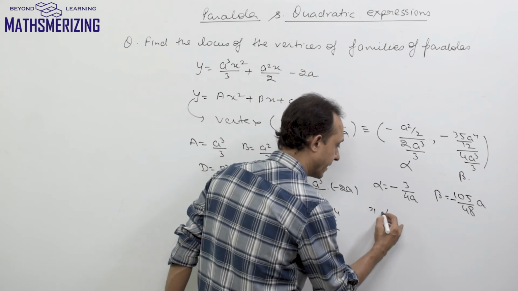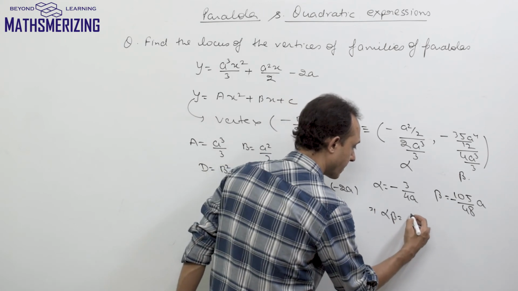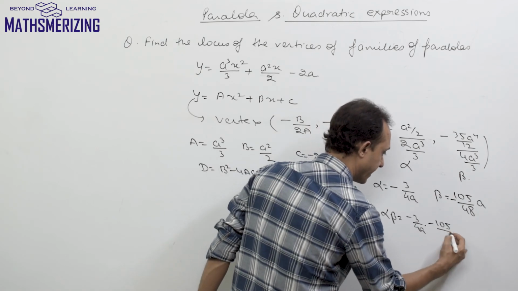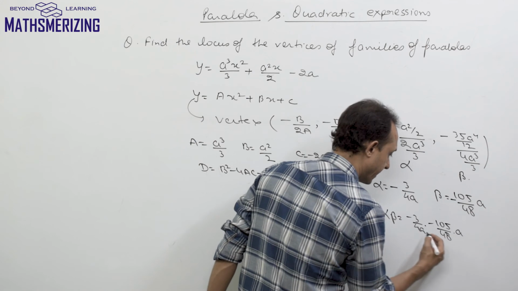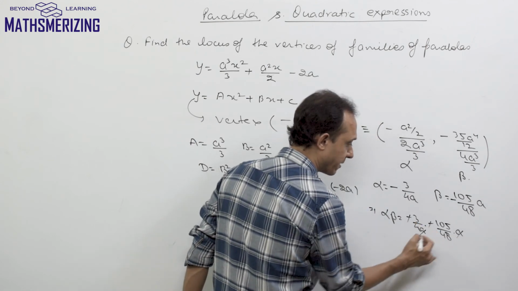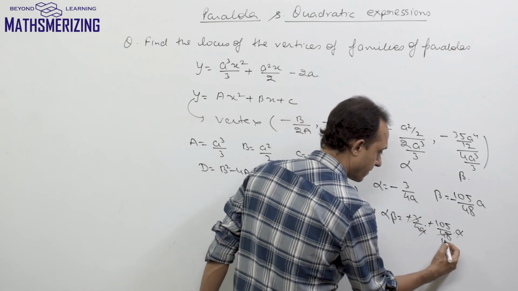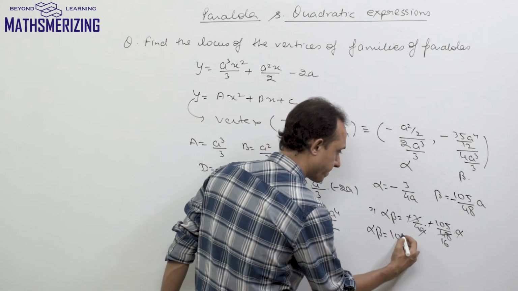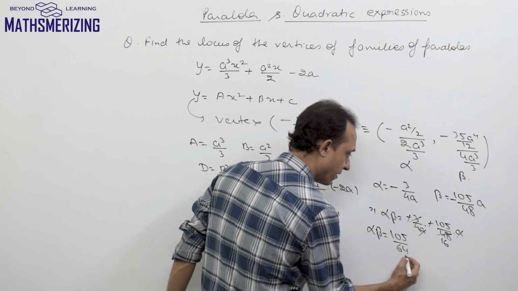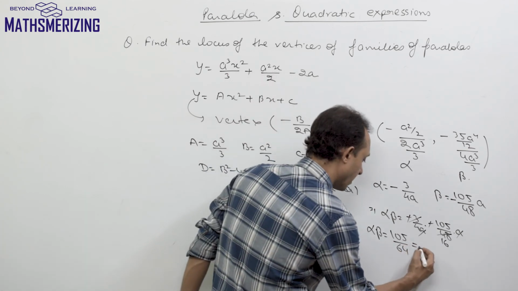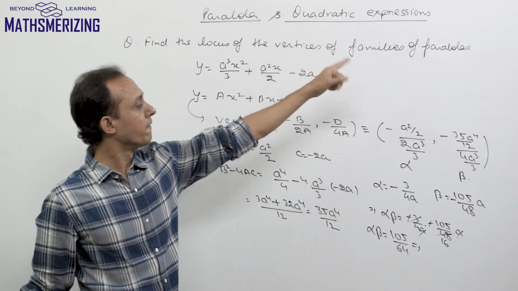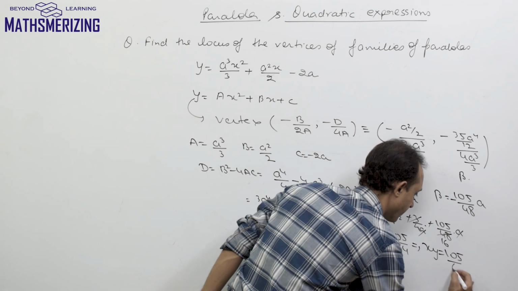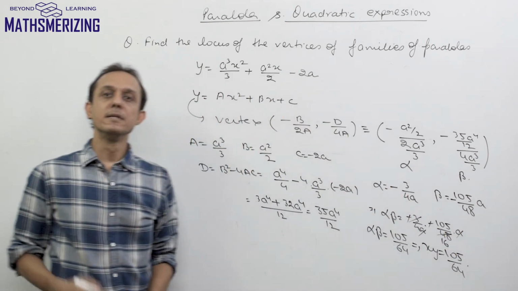So if I multiply, I'll get alpha into beta as minus 3 upon 4a into minus 105 upon 48a. So a and a will cancel, minus and minus will also cancel, and 3 over 48 is 1 upon 16. So here I'll get alpha into beta as 105 upon 64. So the locus of vertices of the family of parabolas will be simply xy equals 105 upon 64.